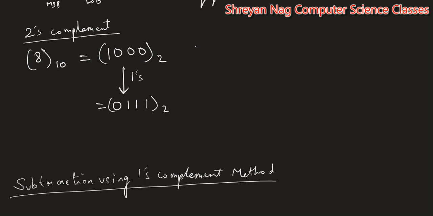This is your -8 in terms of 1's complement. Now if you add +1, what will you get? 0 1 1 1 plus 1: 1 plus 1 is 0 carry 1, again 1 plus 1 is 0 carry 1, again 1 plus 1 is 0 carry 1, and the 1 is here.